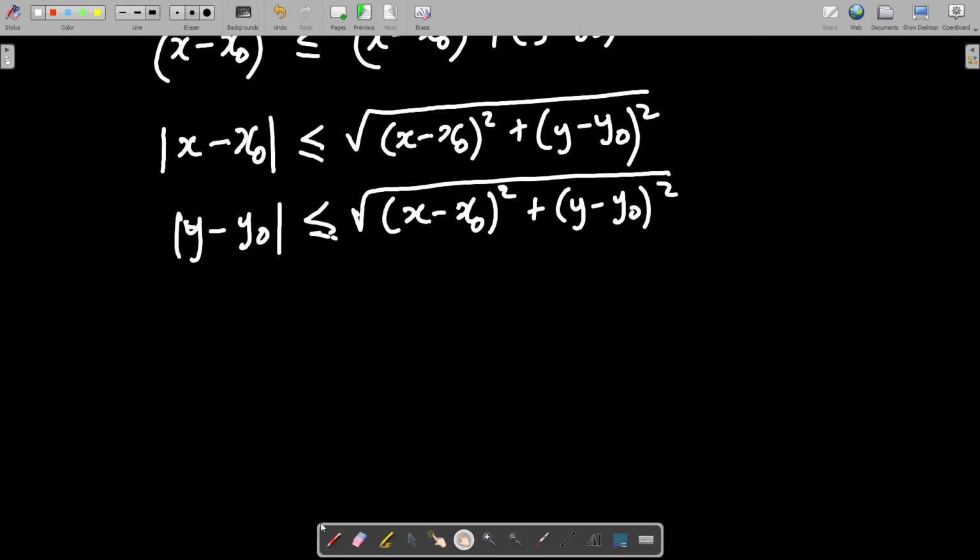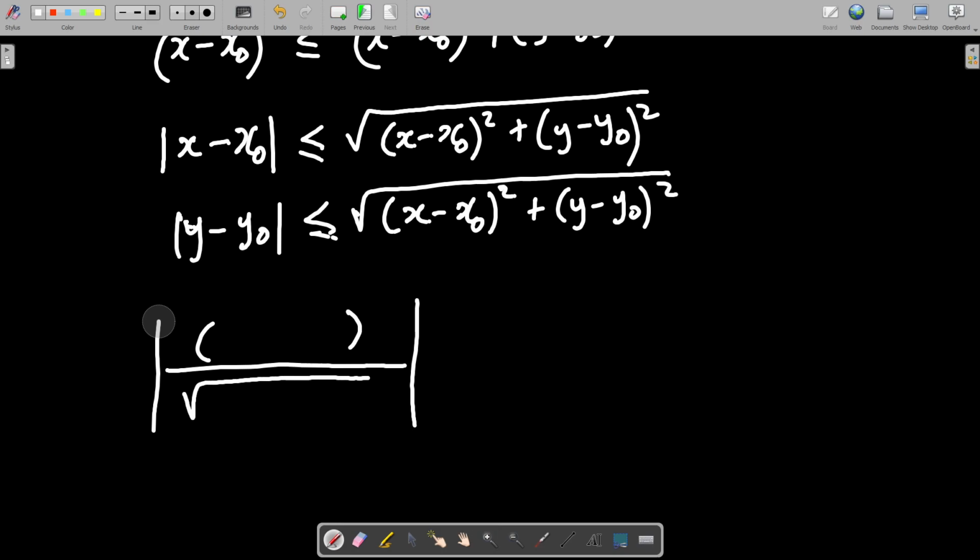So the moment you know this, that term over there with the bracket expression, whether it was x minus x naught or y minus y naught, divided by the square root of (x minus x naught) square plus (y minus y naught) square, is going to be less than or equal to 1. This will always be true, whether you have x minus x naught or y minus y naught. This quantity will be less than 1 because the denominator is bigger than the numerator.